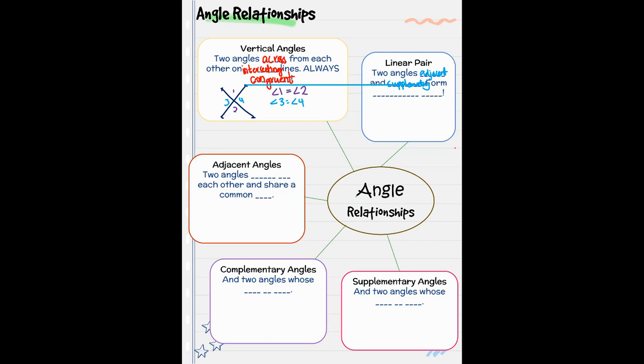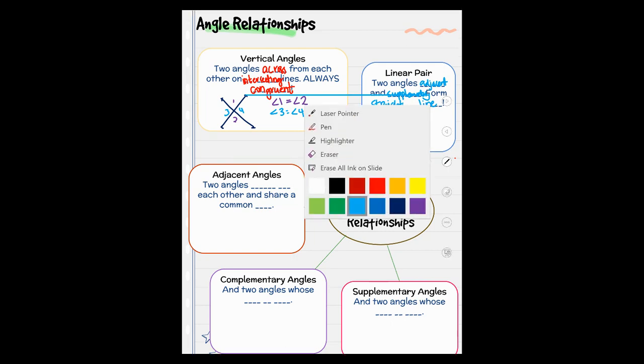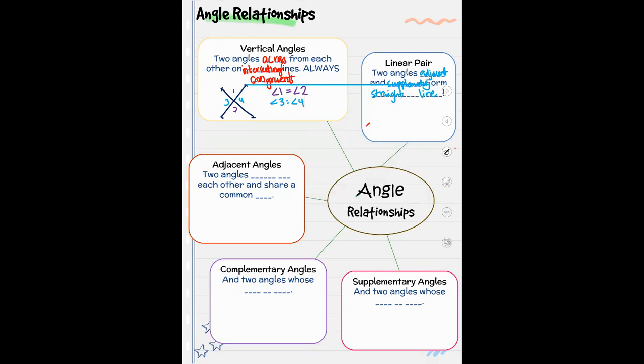And they form a straight line. So we should have talked about angles and adjacent angles and supplementary first, but hey, now you're ahead. So our example of that is going to be, what did we say? They form a straight line.